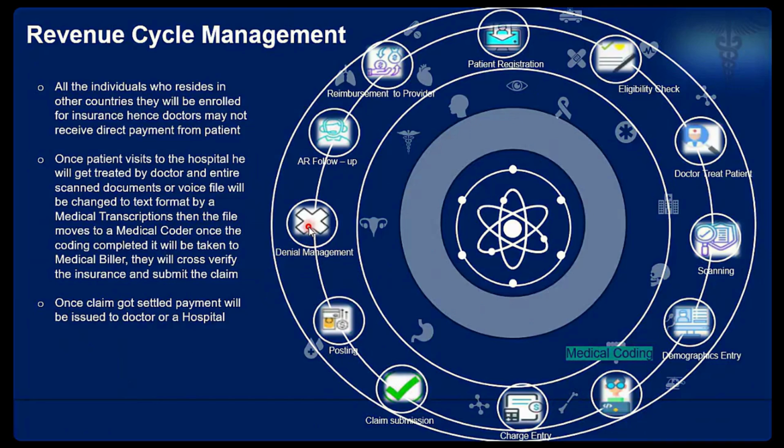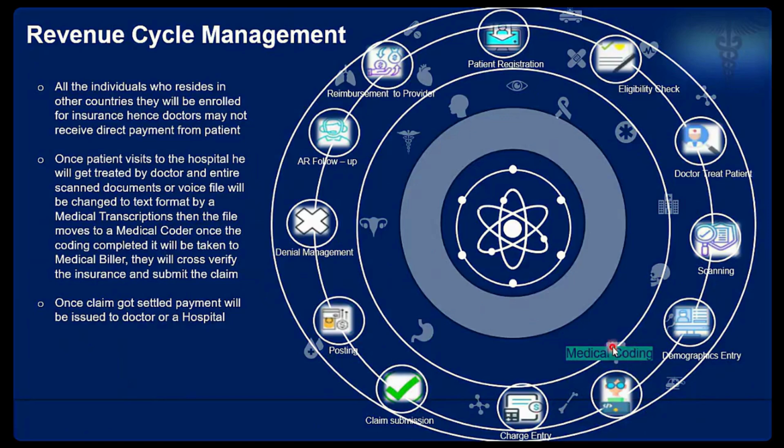From denial management, it can come back again to the medical coder, to check whether it is a problem of coding or the claim preparation. So the medical coder will once again check the claim. If the coder requires more details, he will ask the physician to send more details of the claim.